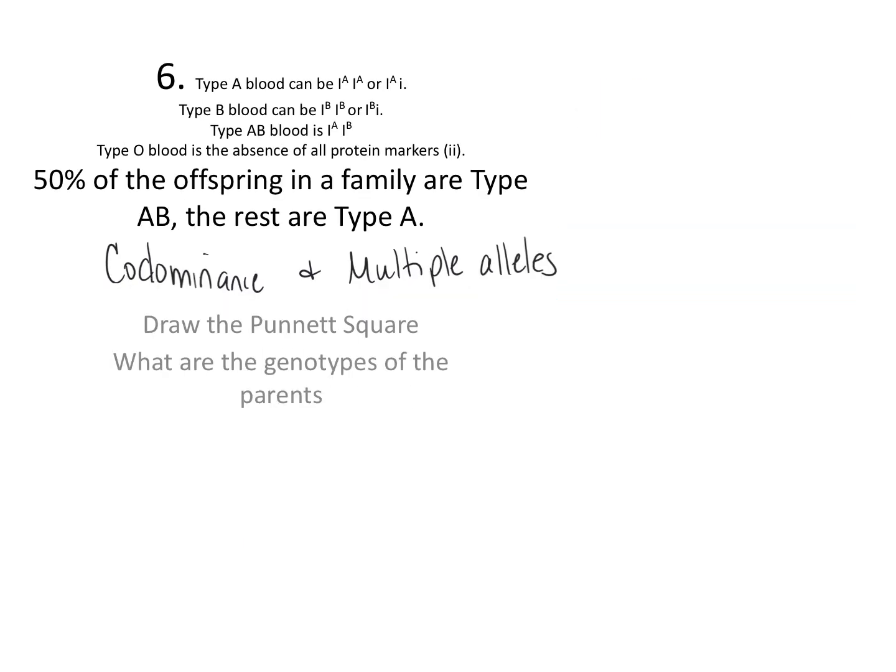For this last one, we have 50% of the offspring as type AB. So that means that they must have the genotype AB. The rest are type A. So if they're type A, they could be AA or they could be AO.